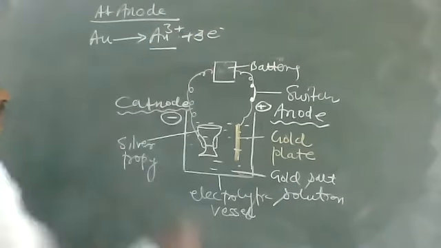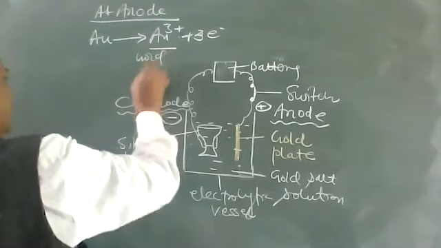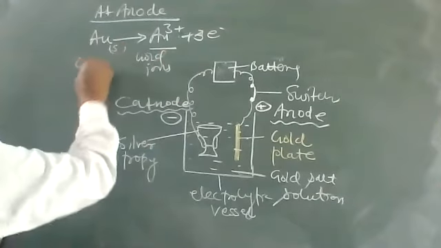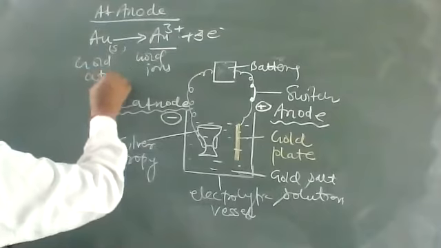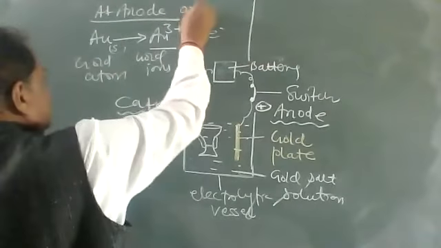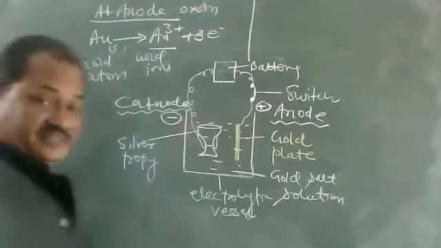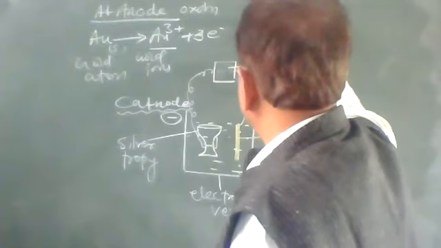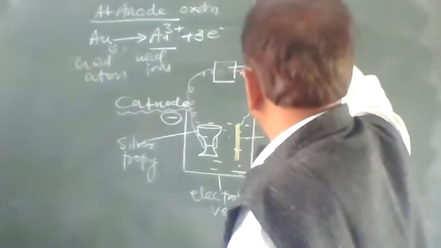So this is gold ions. This is gold atom. So this is at the anode. At the anode there is oxidation. Now coming to the cathode.